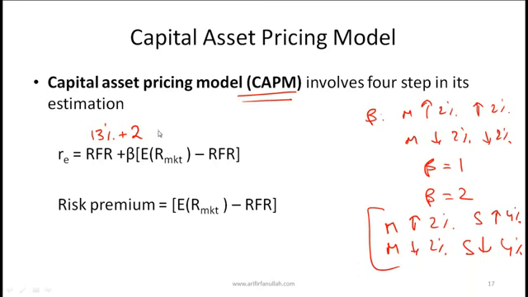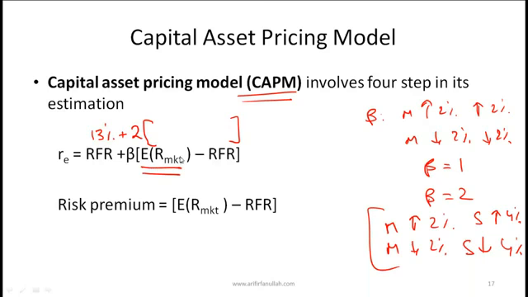And then step 3 is figuring out the risk premium, or sometimes called the market risk premium. The market risk premium is equal to the expected return on the market. So in Pakistan's context, this would be the expected return that you would get if you invested in the Karachi Stock Exchange.